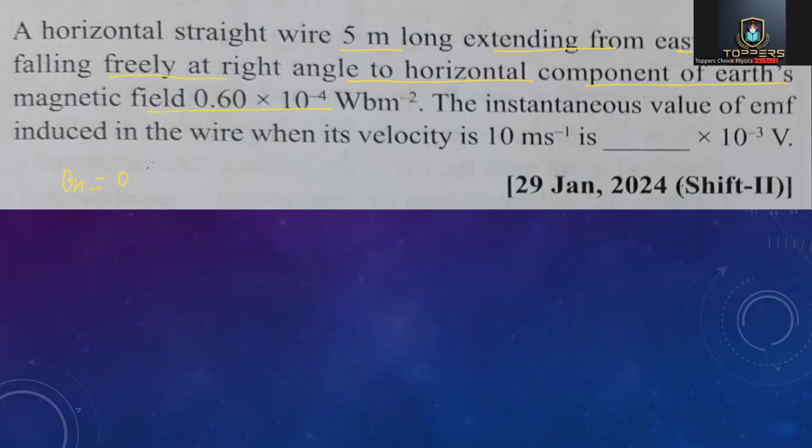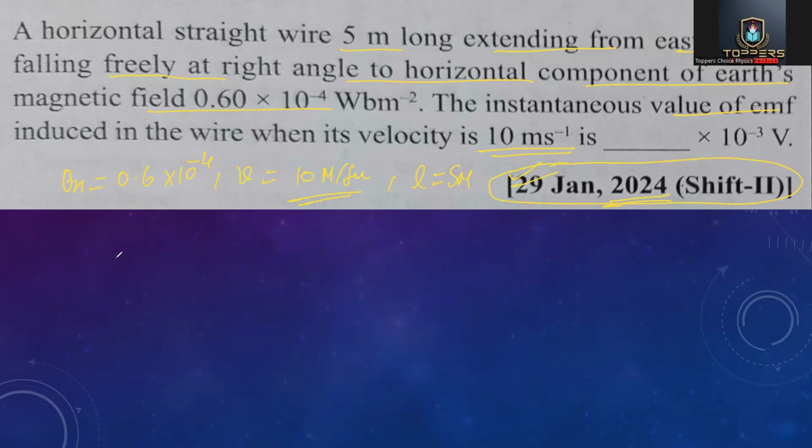BH is 0.6 into 10 to power -4. Find the instantaneous value of EMF induced in the wire when its velocity is 10 meter per second. What is the length of rod? Length of rod is 5 meter. Guys, they asked this question in 2024 only. This is not very long ago.